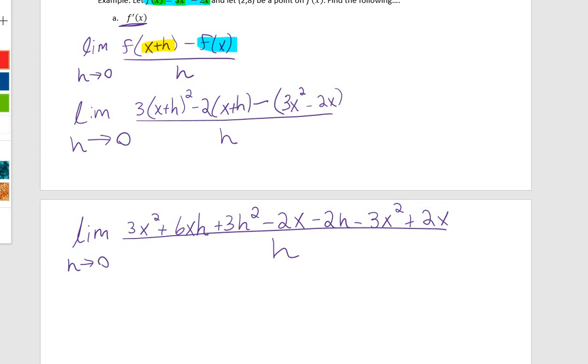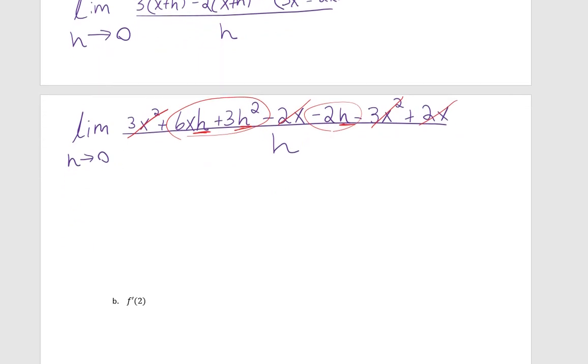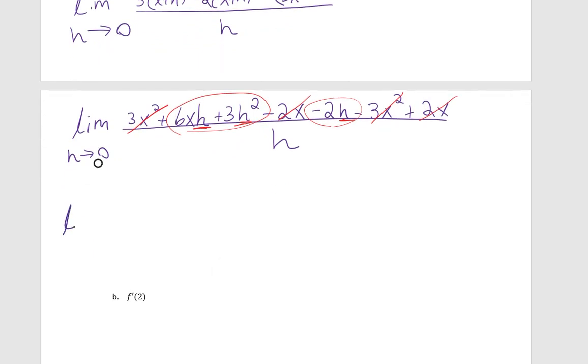First off, let's notice all of the goodies that cancel here. So positive 3x squared will cancel with that 3x squared. This 2x will cancel with this 2x. Great. So what I'm left with is these terms here. Now the cool thing is, notice that all of these terms have an h in common. So I can take that h and factor it out.